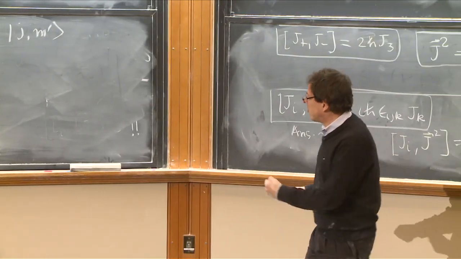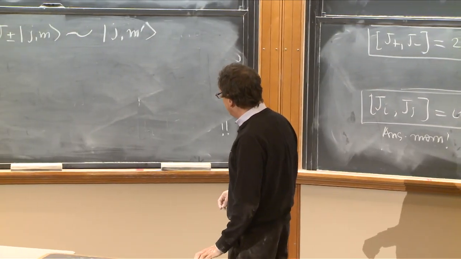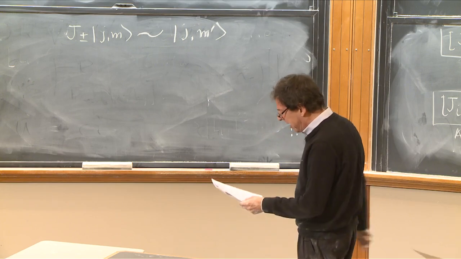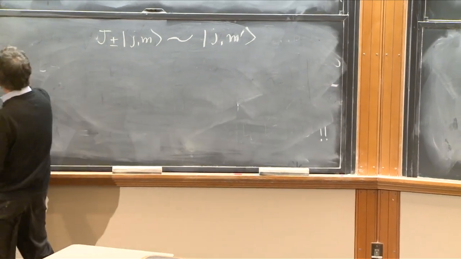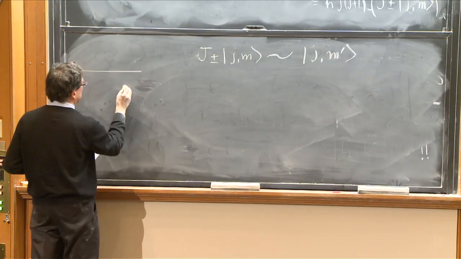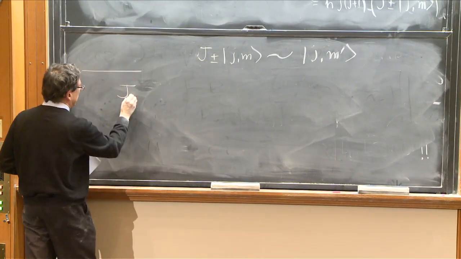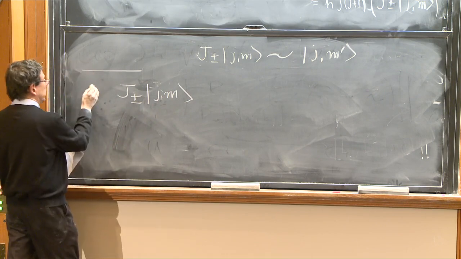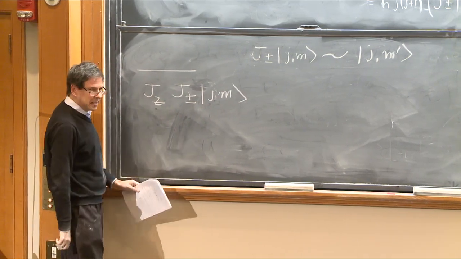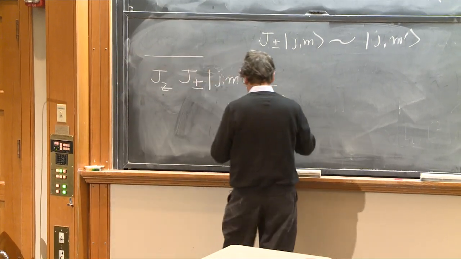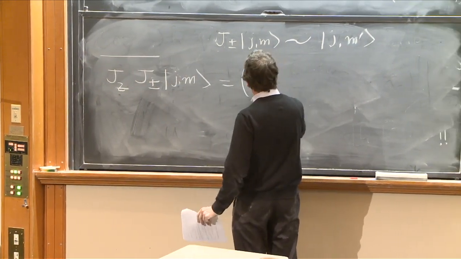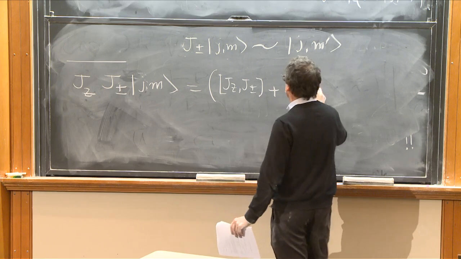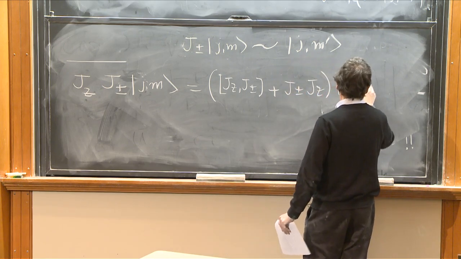Then we have to see who changes m, or how J plus minus changes m. So here comes a little bit of the same calculation. You want to see what is the m value of this thing. So you have J plus minus on Jm, and you act with it with a Jz to see what it is. And then you put the commutator first, Jz, J plus minus, plus J plus minus Jz on the state.